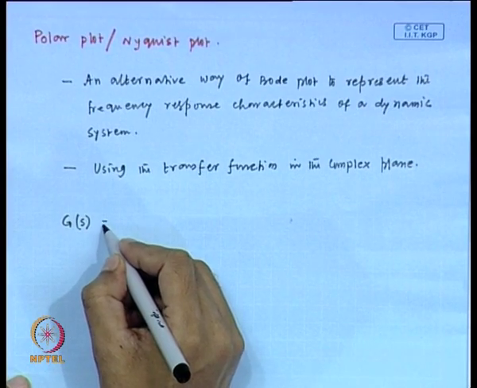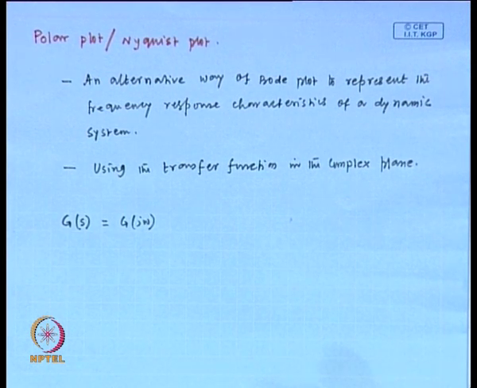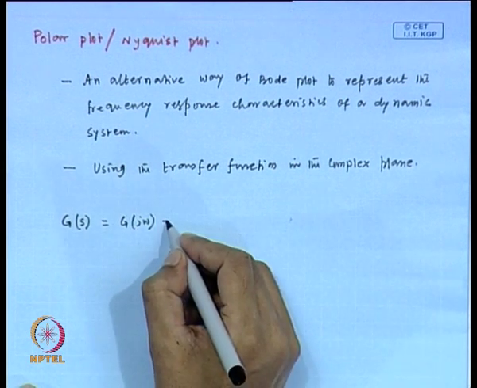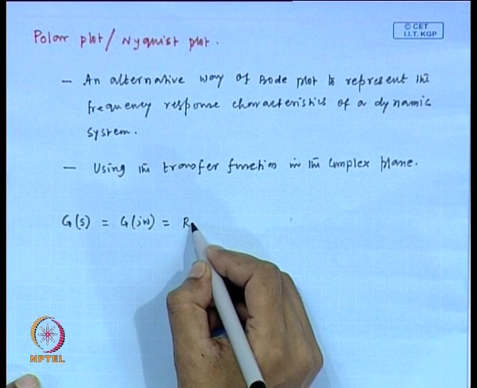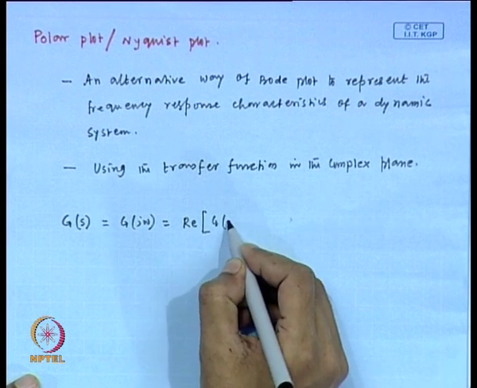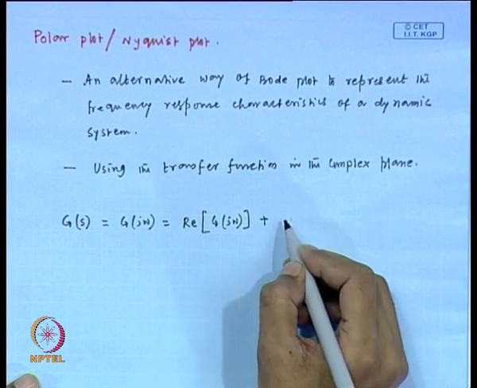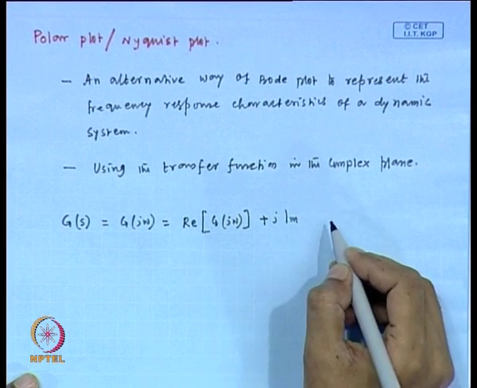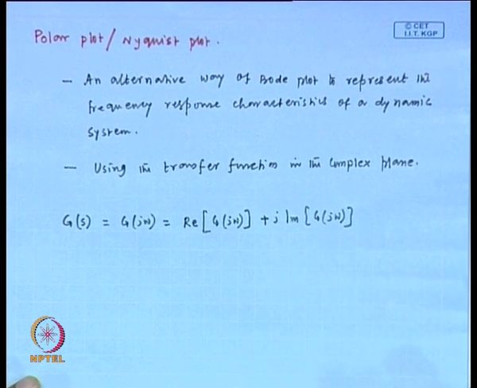Now, replacing s by j omega, we can write G(j omega), which is the frequency response transfer function, and this we can write again in Cartesian form as real part of G(j omega) plus j imaginary part. Fine. We can write the transfer function like this.